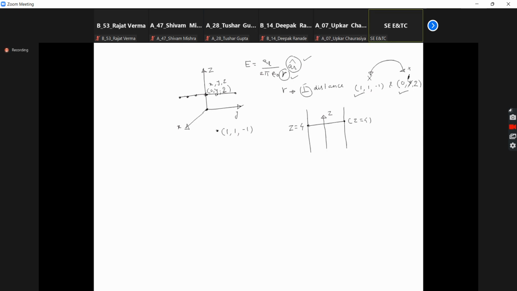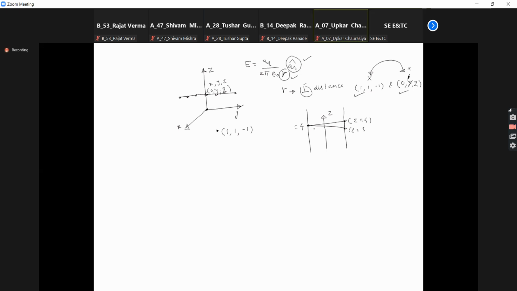So if you are going to connect these two lines with the help of a perpendicular line, okay, then this point and this point must be at the same height along these two lines at z equals to 4, and here also z equals to 4. But suppose you are saying that, okay, I will keep it here at z equals to 3, suppose. So the line, it will go like this. It becomes inclined. Now it's not going to be perpendicular, isn't it?